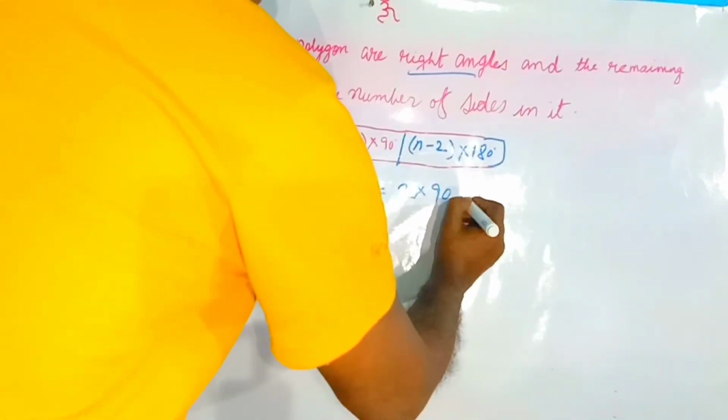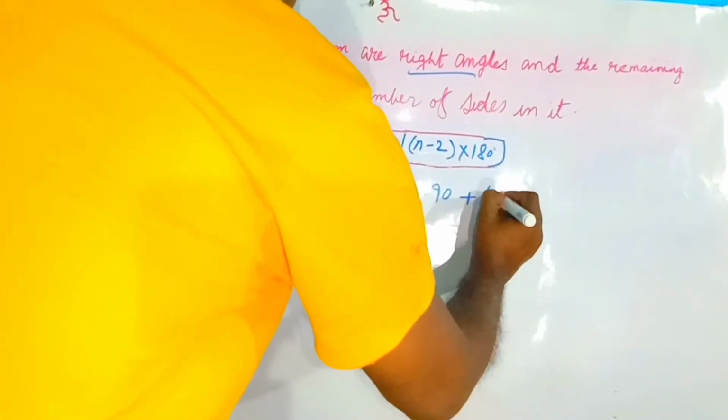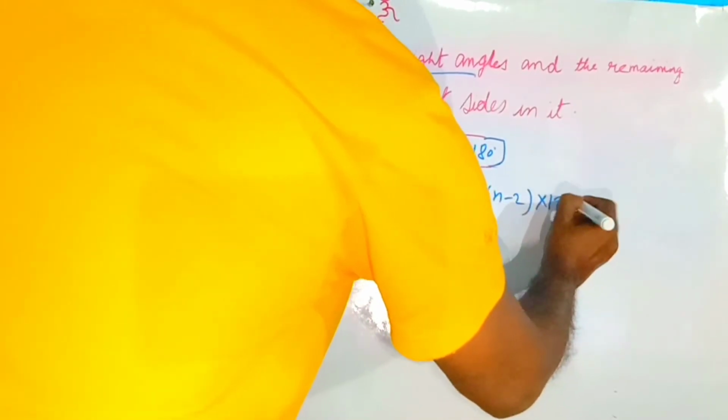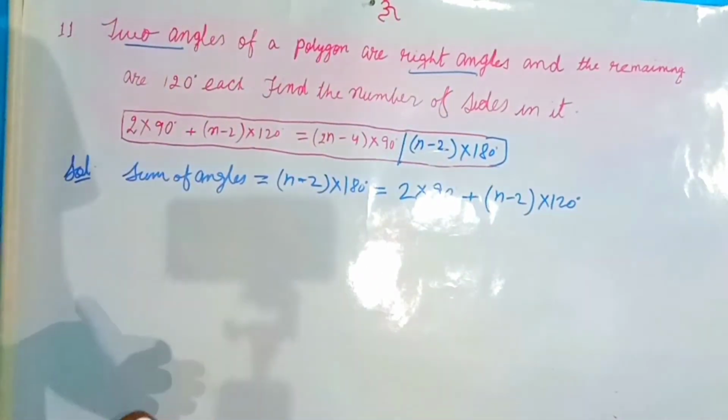Then for the remaining we will add, and the remaining angles are (n minus 2) into 120 degrees, as 120 degrees is each given.